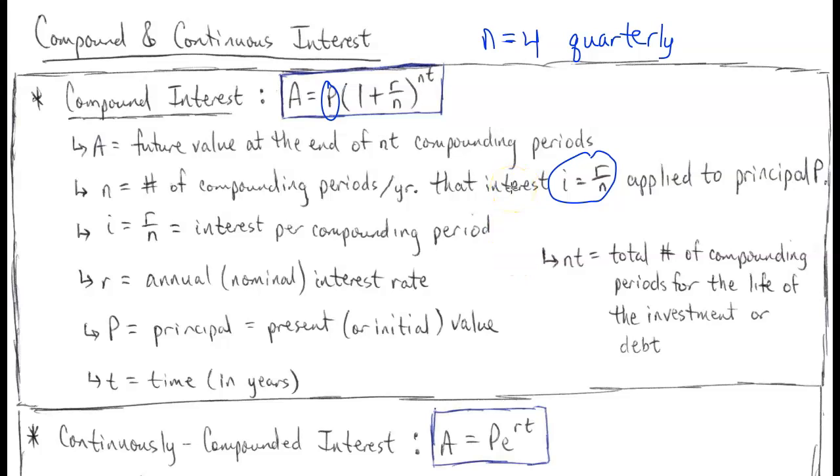That happens 4 times a year. So every 3 months, whatever interest is earned on the current principal gets added on to it, and it just keeps repeating itself.